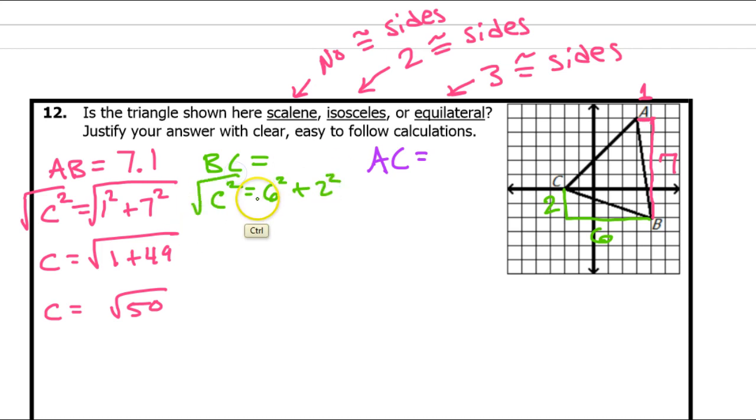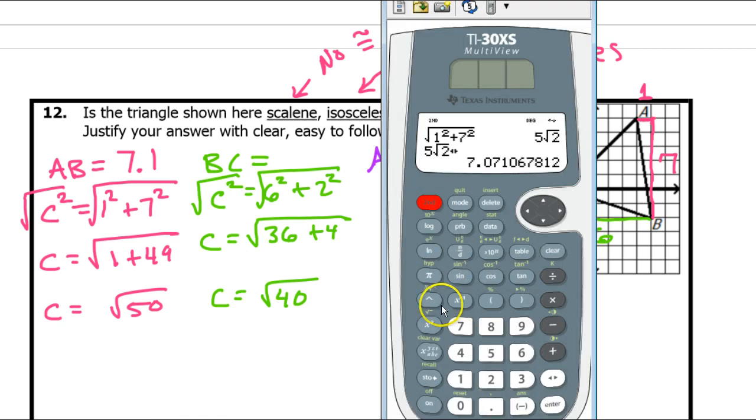So if I take the square root of both sides, that's going to give me c is equal to the square root, and here I have 36 and 4. So c is equal to the square root of 40. So that's 6.3.